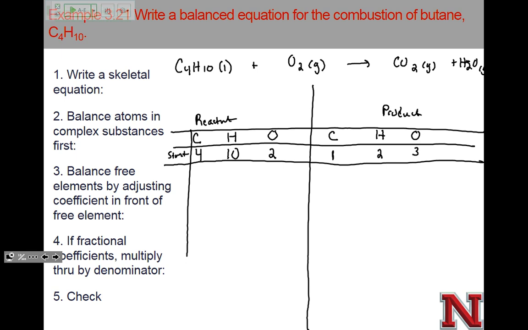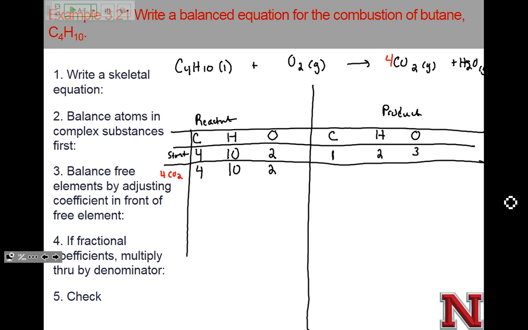So I'm going to say I only have 4 carbons that I started with, but I only have 1 in my product, so let's put a 4 here. So here in my little thing, I'm going to put 4 CO2. And now I'm going to track how that changed. And I still have 4 carbons to begin with, 10 hydrogens, and 2 oxygens because I didn't do anything to my starting material.